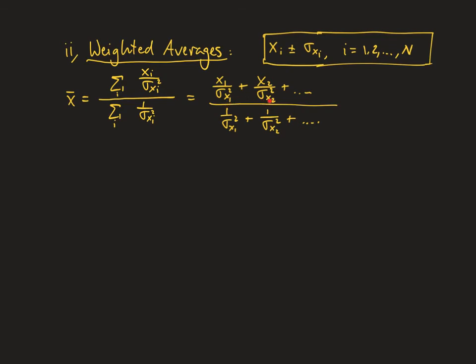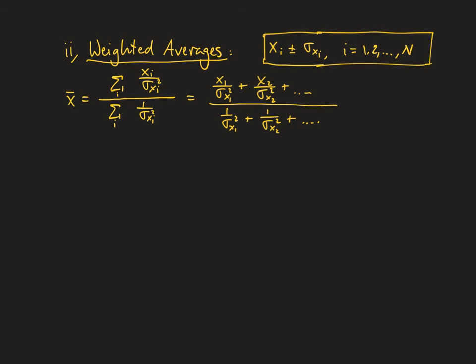And in comparison, sigma x2 is a larger number than sigma x1. And same with sigma x3, it's larger than sigma x1. In the limit that sigma x1 is a really, really small number, you can see what's going to happen here. The x1, x2, x3, we're kind of expecting those numbers to be more or less the same size as each other because they're things that we're averaging, right? These are measurements of the same quantity.